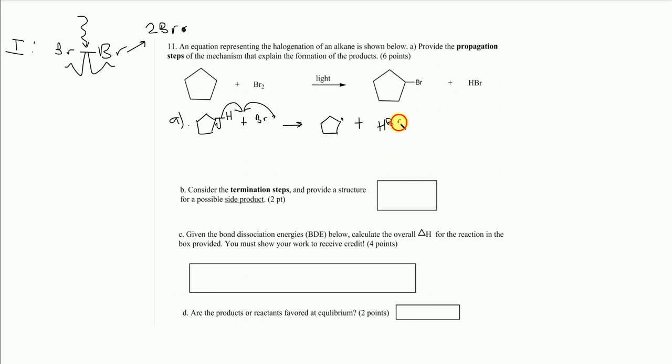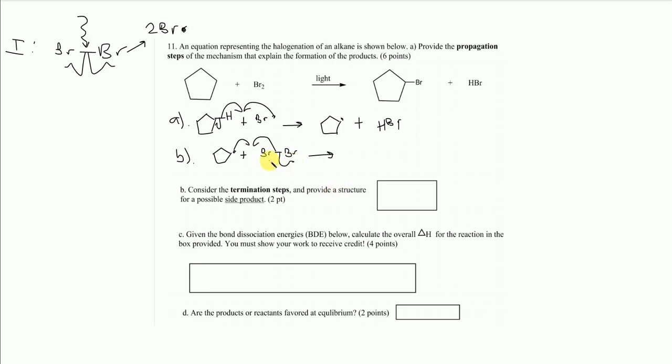Don't forget to write that out. And then step B, this guy, plus Br2, it's going to do this.